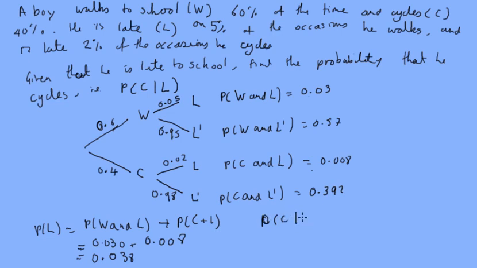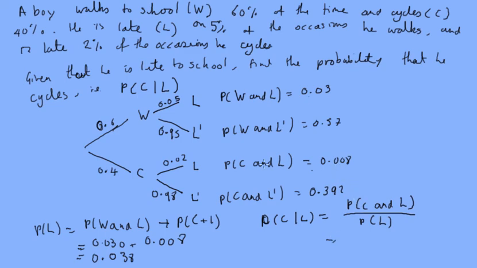So the probability that he cycled, given that he was late, would be the probability of him cycling and late over the probability of being late.